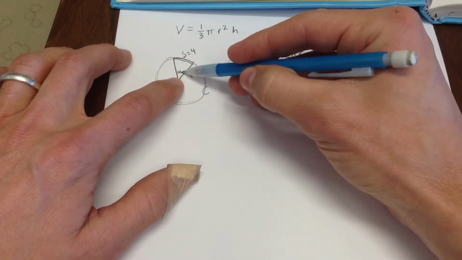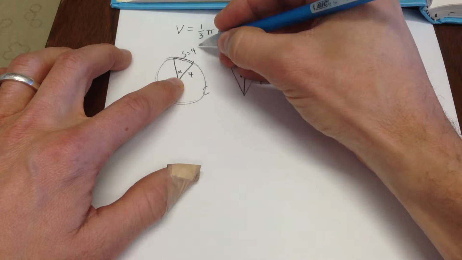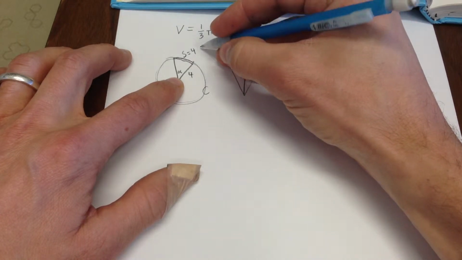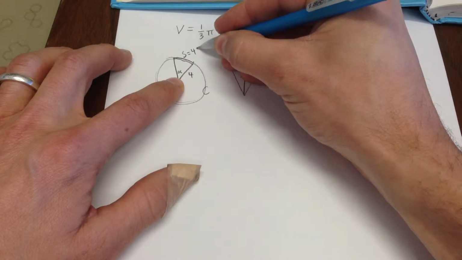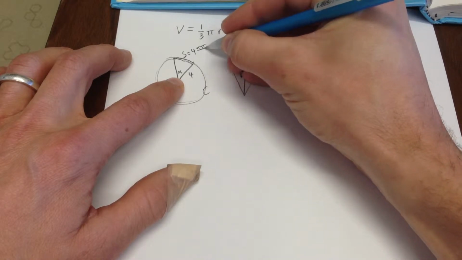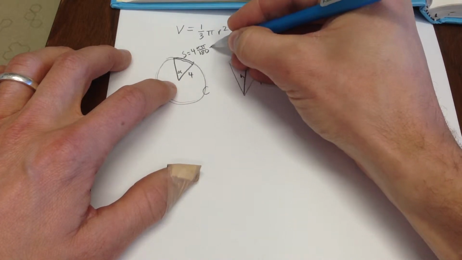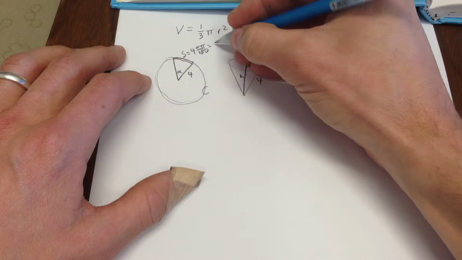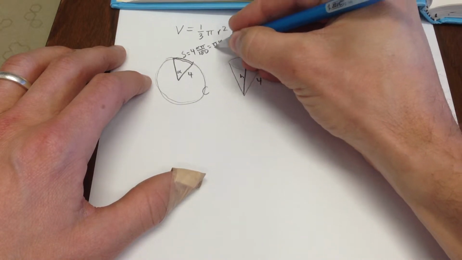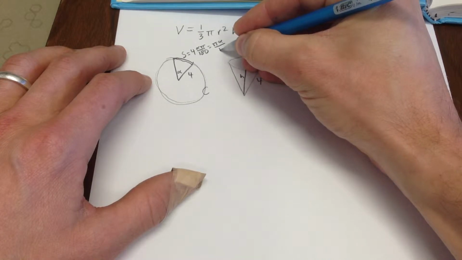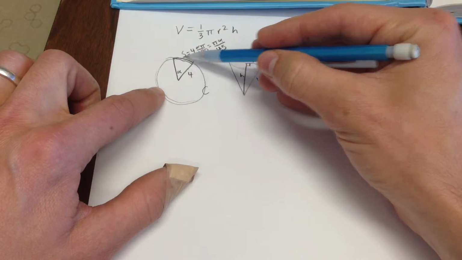If alpha is in degrees, how do I convert from degrees to radians? I multiply alpha by pi over 180. So this piece, if I reduce that, would be pi alpha over 45.